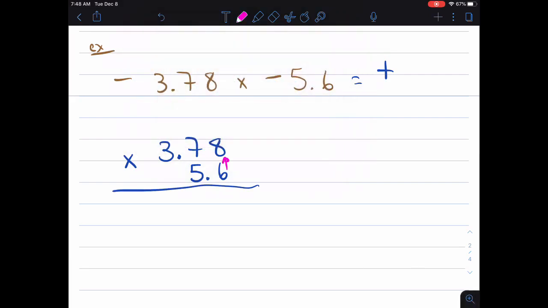8 times 6, 48. 7 times 6, 42. Plus 4 is 46. 8 por 6, 48. Bajo el 8, sube el 4. 7 por 6, 42 más 4 is 46. And 3 times 6 is 18, plus 4 is 22.